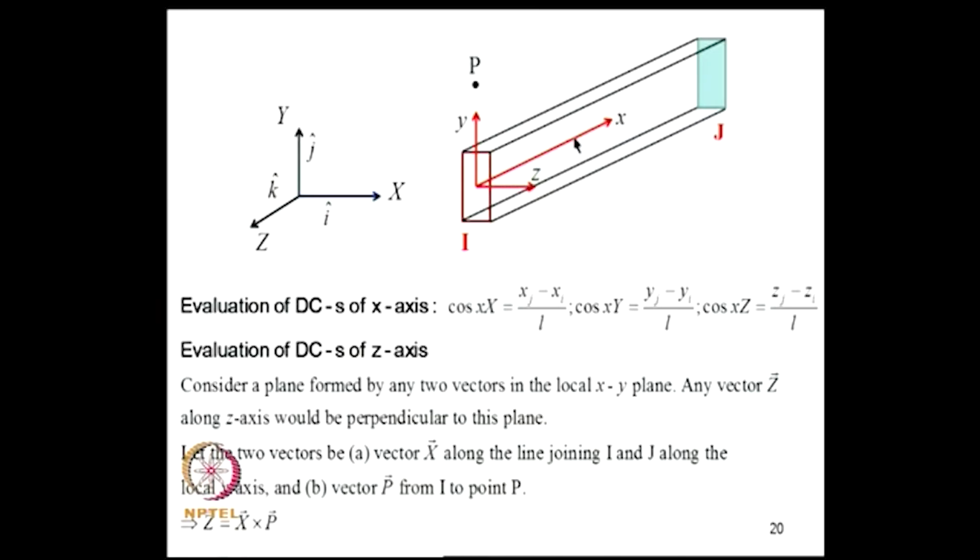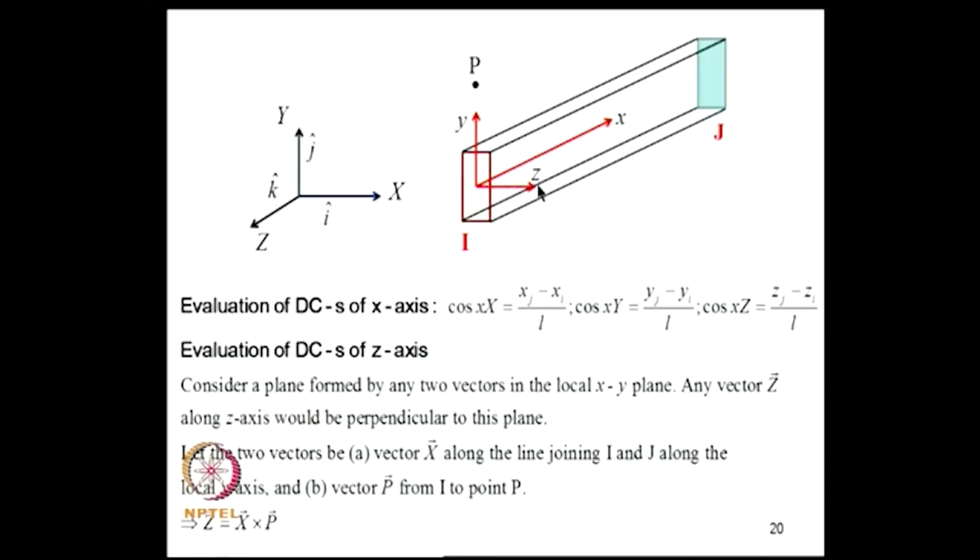As far as the local x axis is concerned, the direction cosines are given the moment you know the coordinates of I and j. You can deduce cos xx is this, cos xy is this and cos xz is this, which is straightforward. Now, how do you get the direction cosines of the local z axis?